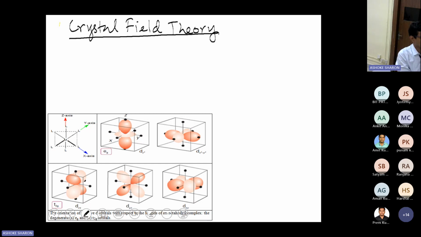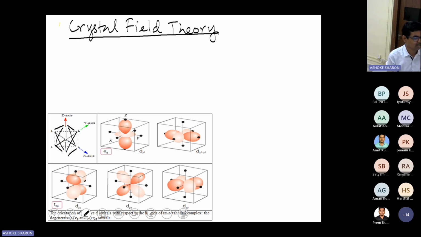There is an equatorial plane consisting of these four basal ligands along the x and y axis, and then axial ligands are available along the z axis.